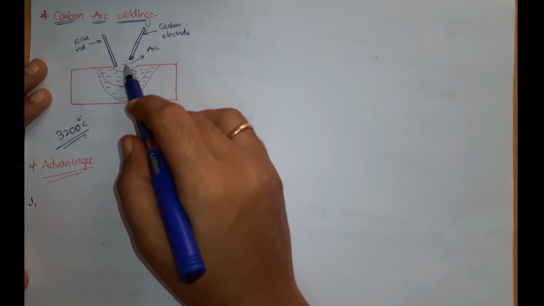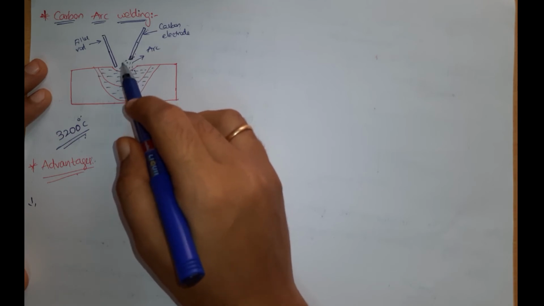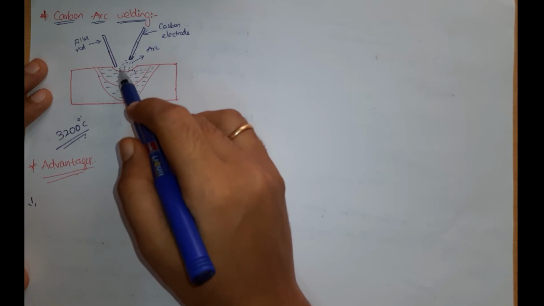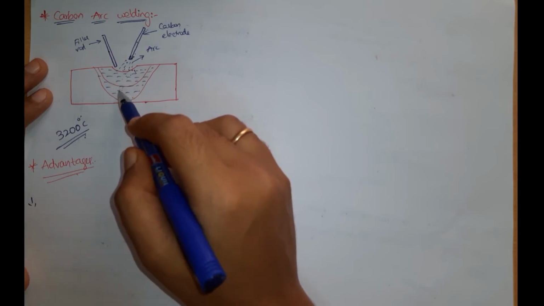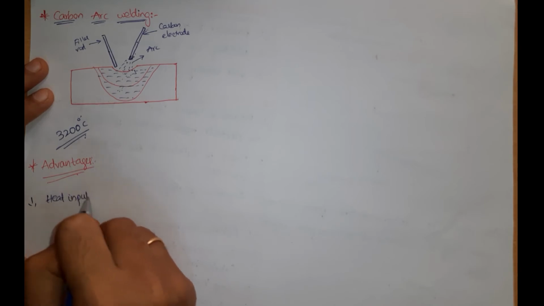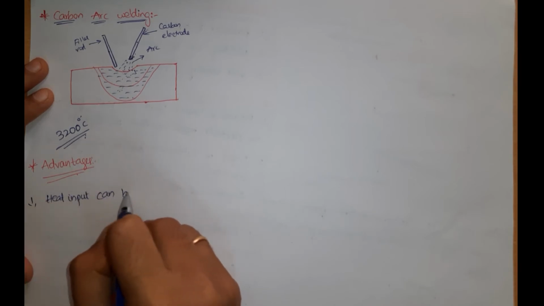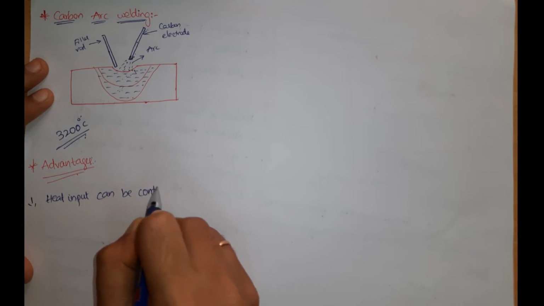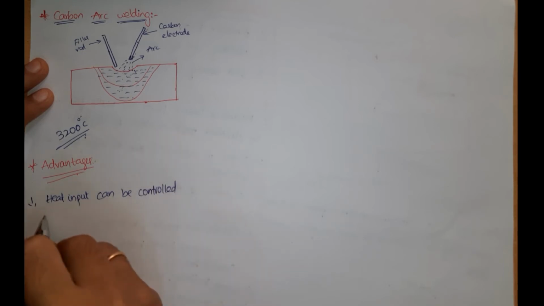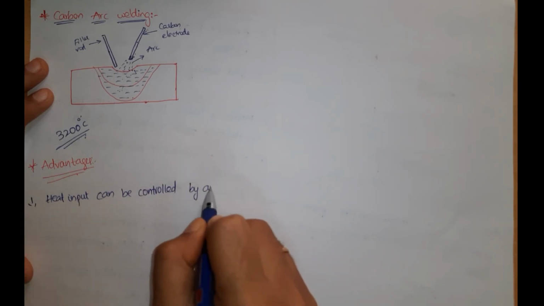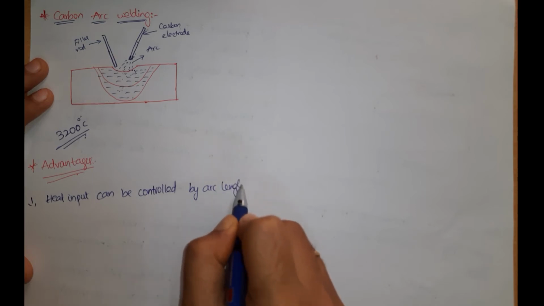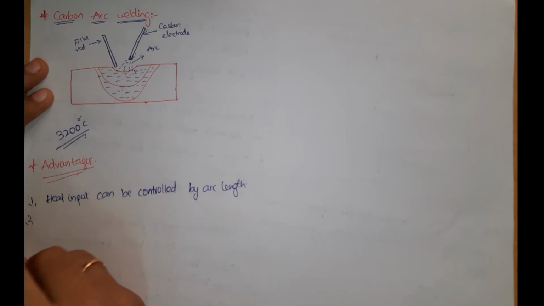The arc length is a major factor on which depends how much heat is falling on the workpiece to be welded. So that is an advantage of carbon arc welding: heat input can be controlled by arc length. So this is one of the advantages.